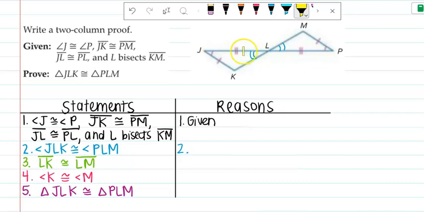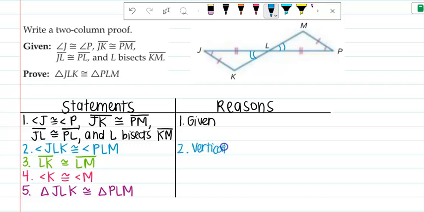We have two straight lines that cross and create an X. The two angles that we've labeled are across from each other. So these are vertical angles. Okay, so you can say vertical angles, you can say definition of vertical angles are congruent, vertical angles theorem, all of those are acceptable. The biggest thing we're hoping for is that you see that they're vertical angles. That's what's super, super important, okay?